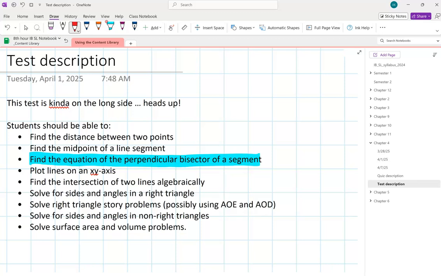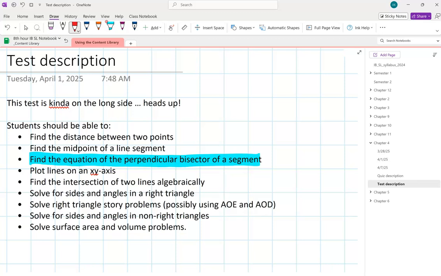You should be able to find the intersection of two lines algebraically. This, again, seemed like it gave us some problems. What are the techniques to solve for the intersection of two lines? Substitution or elimination, right? If they're in slope-intercept form, just do substitution. If they're both equal to y, you set the x-halves equal to each other, solve for x.